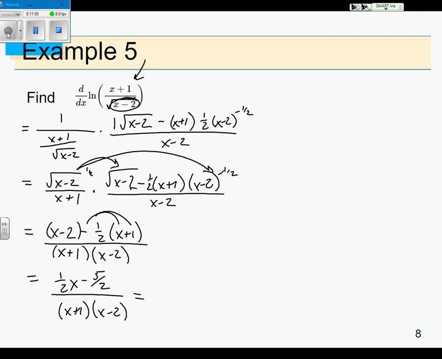Yeah, this is not fun at all, is it? I'm going to get rid of my fractions on that. I'm going to multiply everything by 2. x minus 5, and then there's going to be a 2 there. That's about all I can do. I mean, even if I multiply and FOIL stuff, it's not going to clean up a lot.